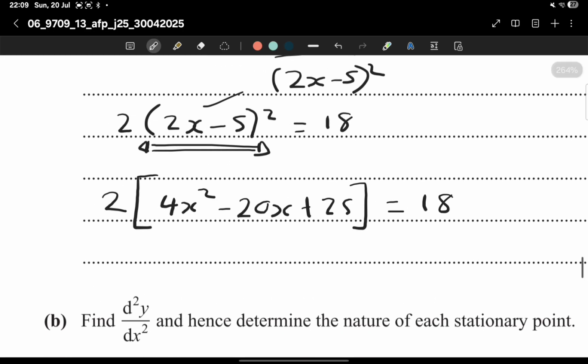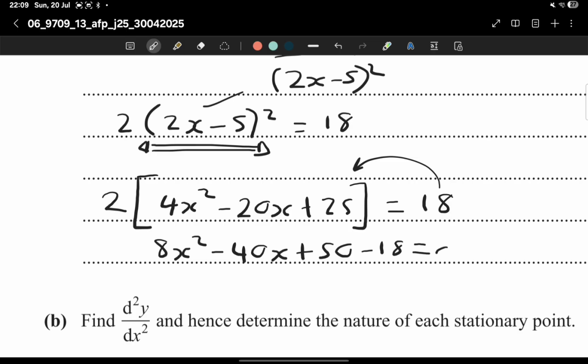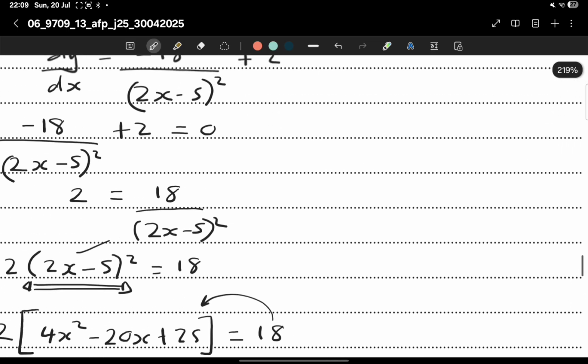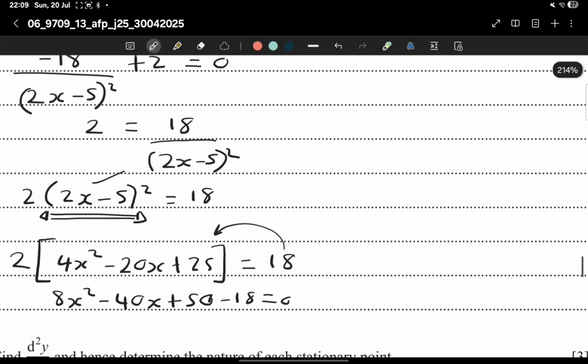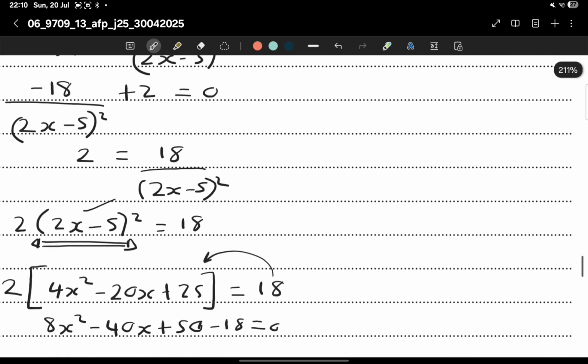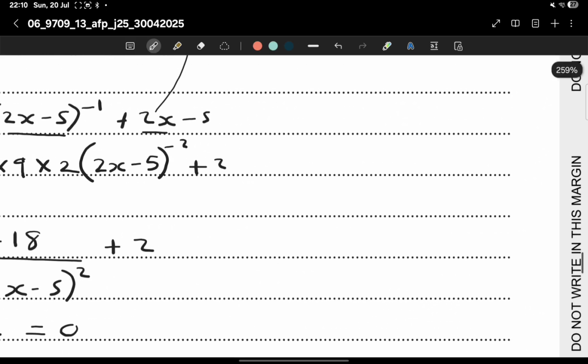Now multiplying everything by 2, we get 8x squared minus 40x plus 50, and taking this to the other side, minus 18 equals 0. And this comes down to 8x squared minus 40x plus 32 equals 0.